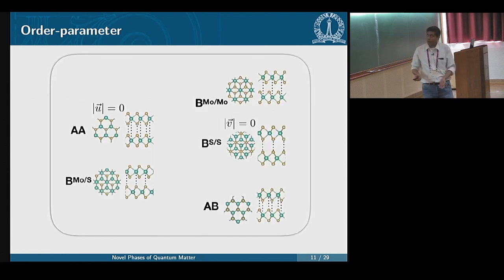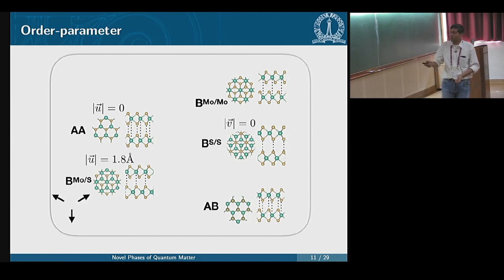For example, if you look at the high symmetry stackings, what does the order parameter actually look like over here? This is the highest energy stacking. So by definition, the order parameter is 0 here, because this is the highest energy stacking in this particular Moiré near 60 degrees. If I look at the angles near 0, then for this particular Bernal MoS, I have three possible choices of how the system can move and actually get to the AA stacking.